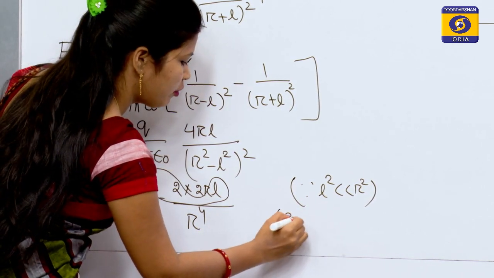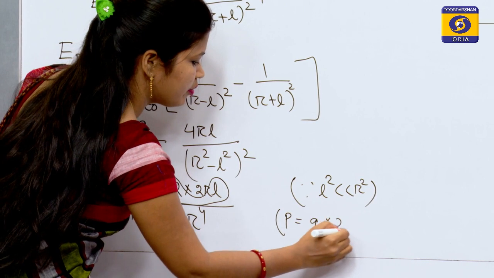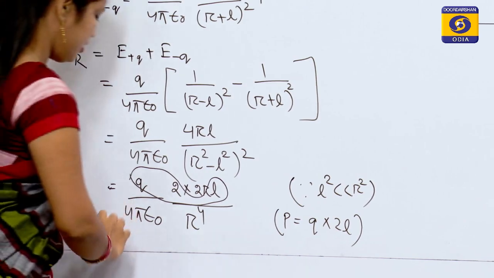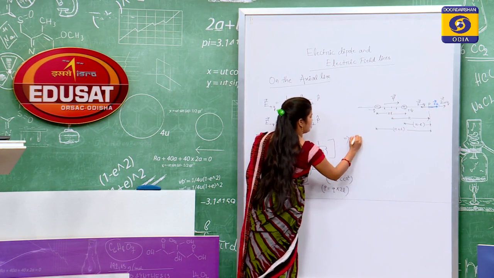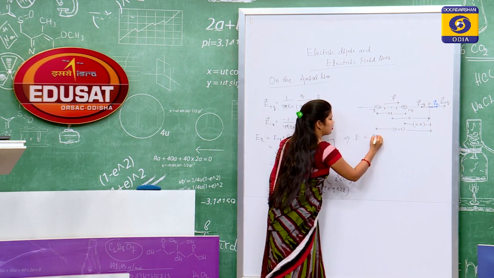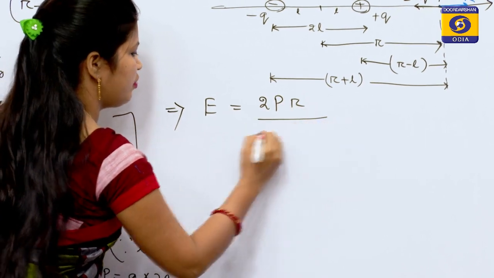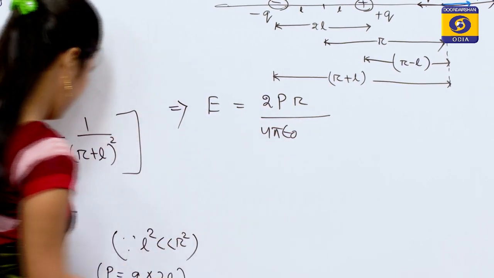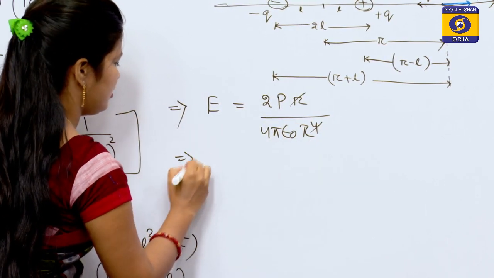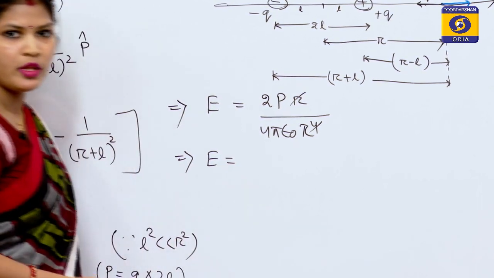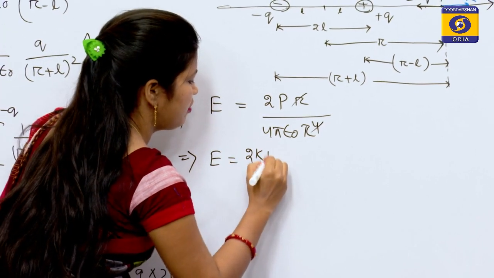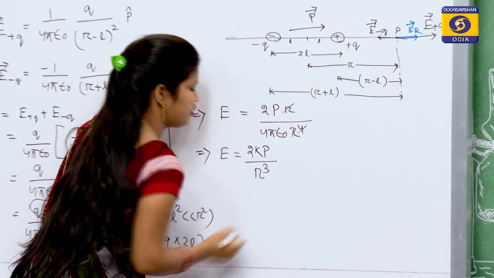We know that dipole moment is equal to charge into separation, so q into 2L is p. So E is equal to 2 p r upon 4 pi epsilon naught r to the power 4. So, r cancelled. So, E is equal to 1 upon 4 pi epsilon naught, that is k, so 2 k p upon r cube.